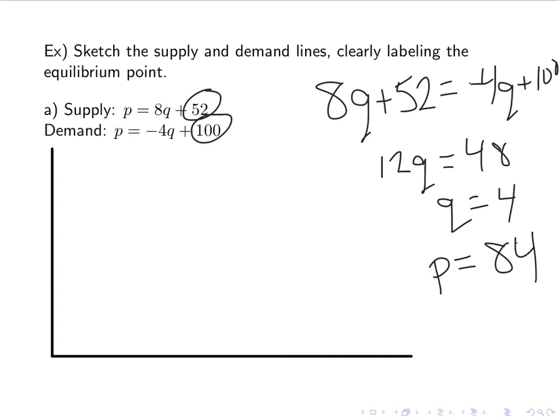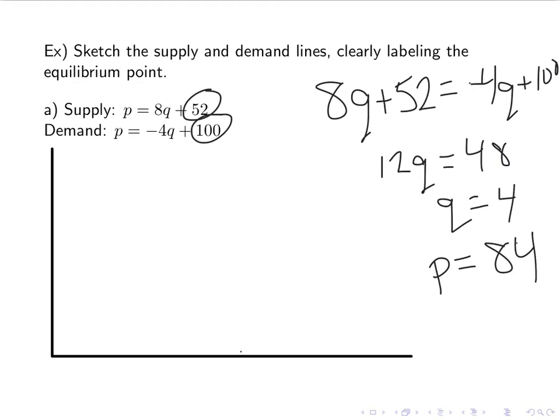So again, to graph it, I have for my supply, my y-intercept of 52, plus my equilibrium point. And for the demand, I have my y-intercept of 100, plus my equilibrium point. So I have to figure out what I want my x's and y's to go by in order for this to make somewhat sense. Just like with the break-even point, I want to have my equilibrium point somewhere in the middle.